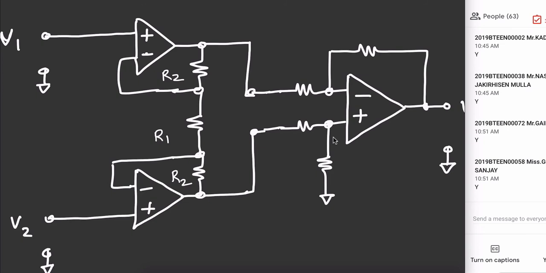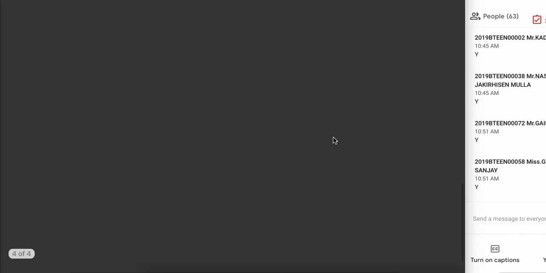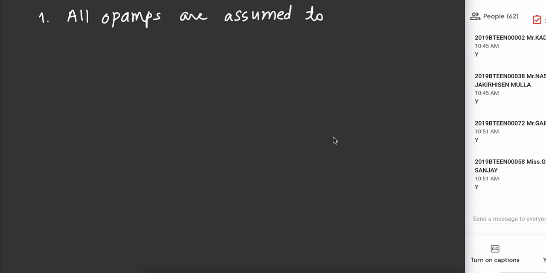So let us start assuming that all 3 op amps are working in active region. Okay, so let us write down that. Number 1: all op amps are assumed to be working in active region.